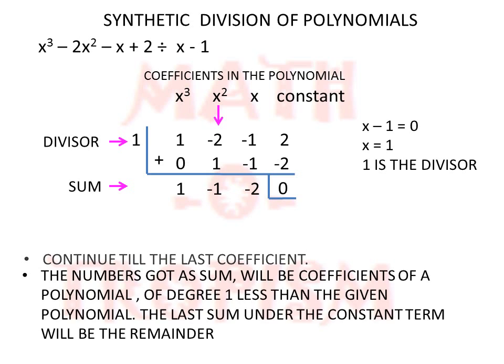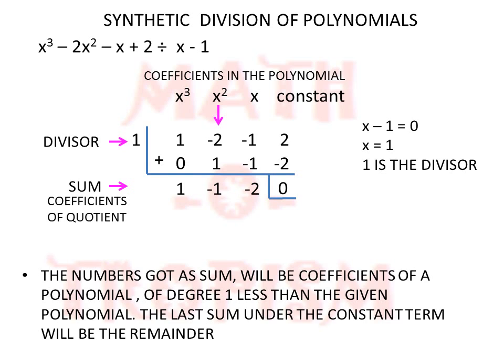The numbers we get as the sums in the last row are what is required. These will become the coefficients of a polynomial which will be one degree less than the given polynomial, because I am dividing it by a first degree polynomial. Here x minus 1 has a degree of 1 and the given polynomial has a degree of 3.